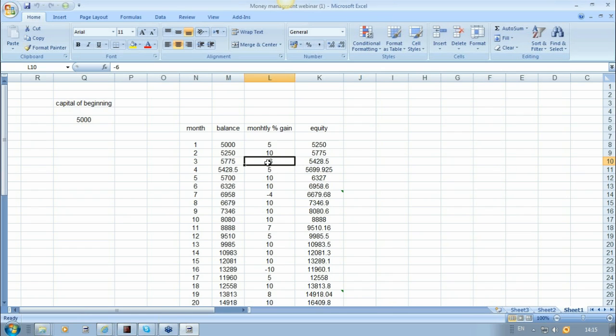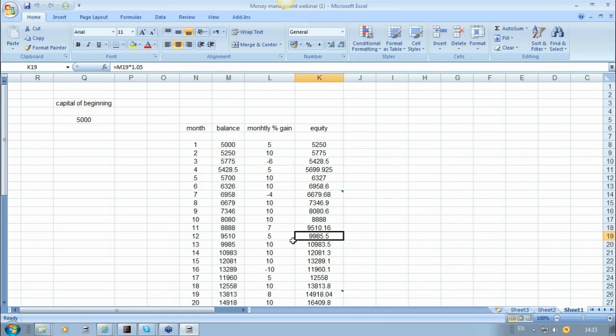So I accept the loss, my equity, my balance went down. Then a standard small percent profit, and I earn. This is my equity. Then two good months, and I grow. One loss again, three good months again. Well, average months after that.